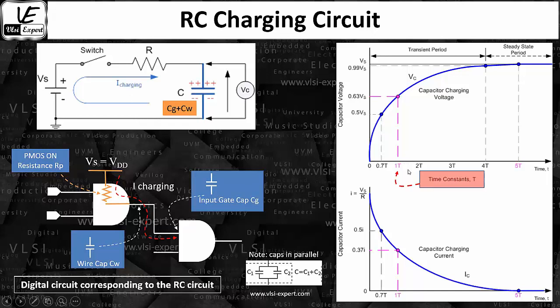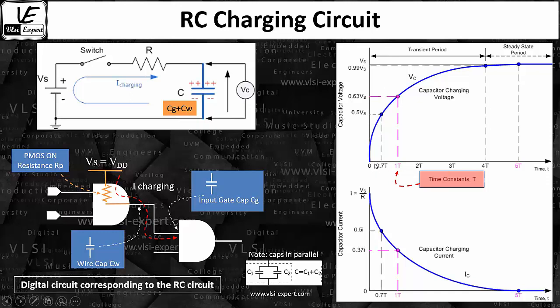So the definition is the charging of capacitance to 63% of Vs, that means the maximum voltage which you have applied, here you can say the VDD.